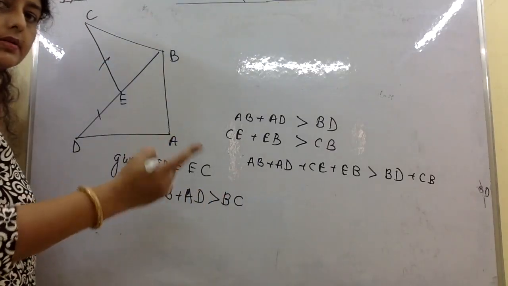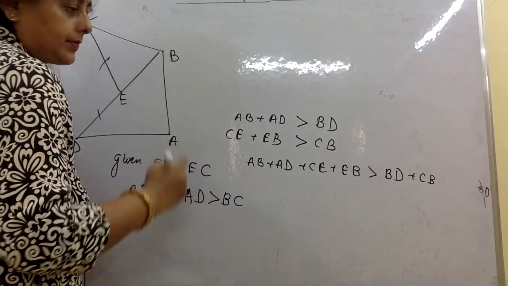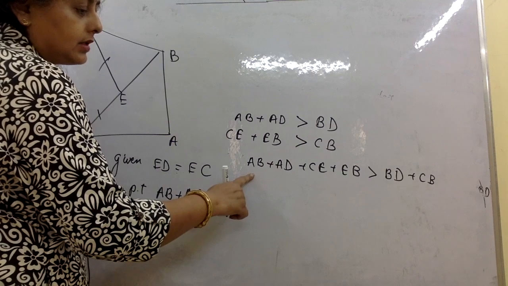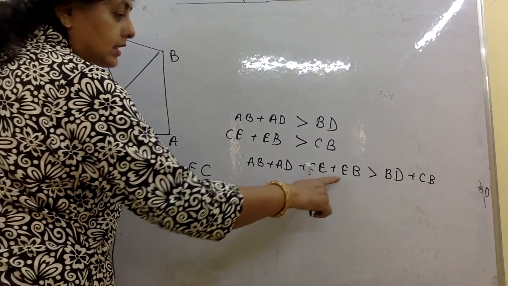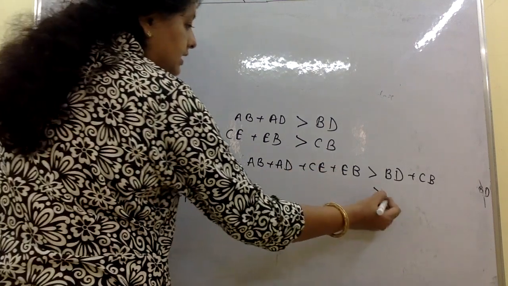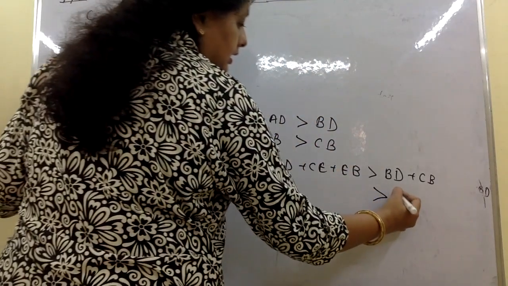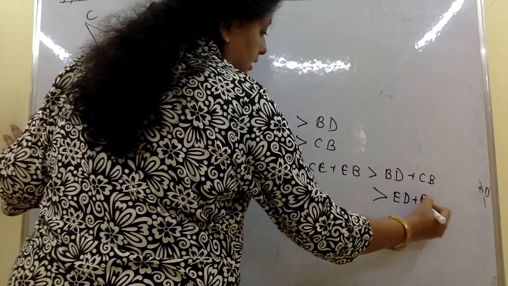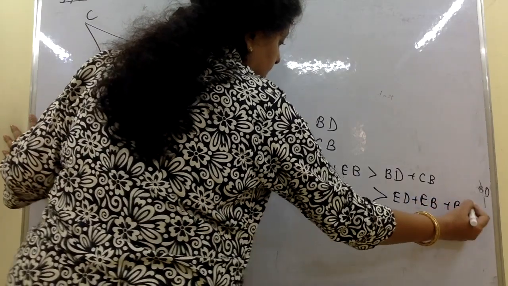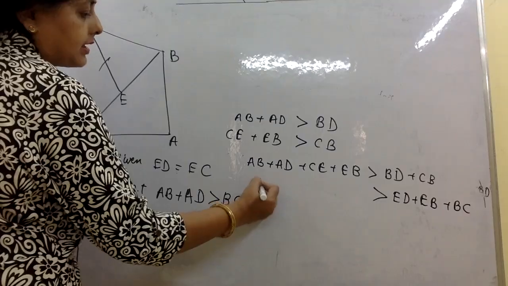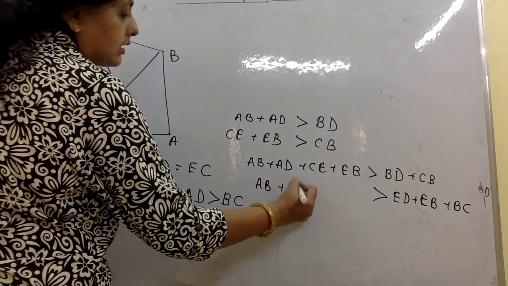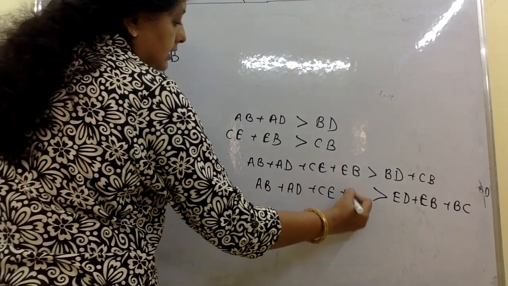Now we have to make some changes. BD is ED plus EB, so ED plus EB plus BC. CB and BC are the same.